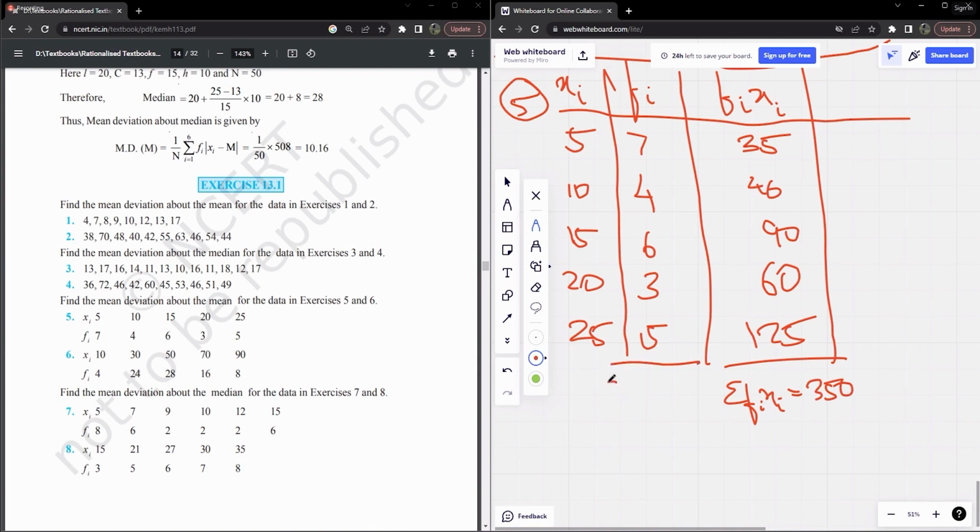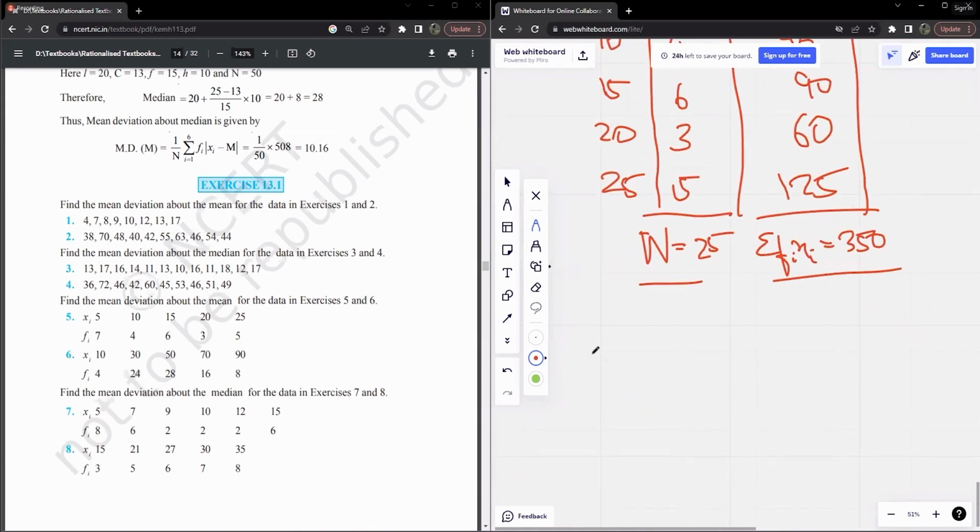And you have the summation of f, that is capital N, is equal to 7, 4 is 11, 11, 6 is 17, 17, 3 is 20, 25 is 25. Therefore, the mean x bar is going to be equal to 350 divided by 25. That is, if I'm not wrong, that is 14. Right? That's 14.